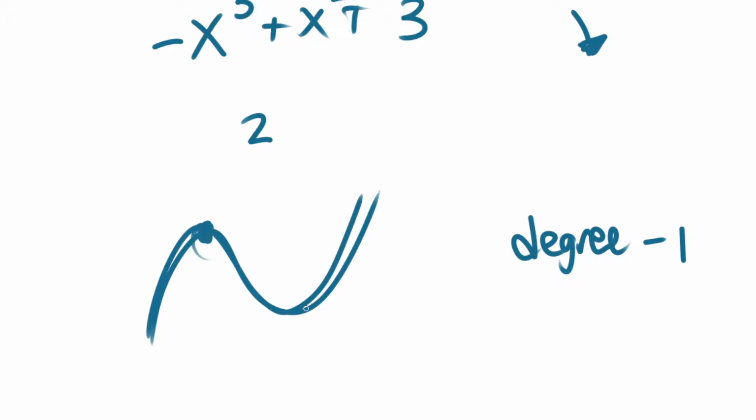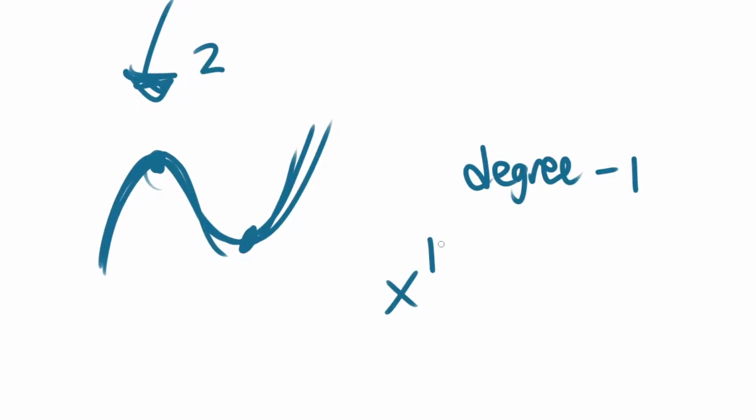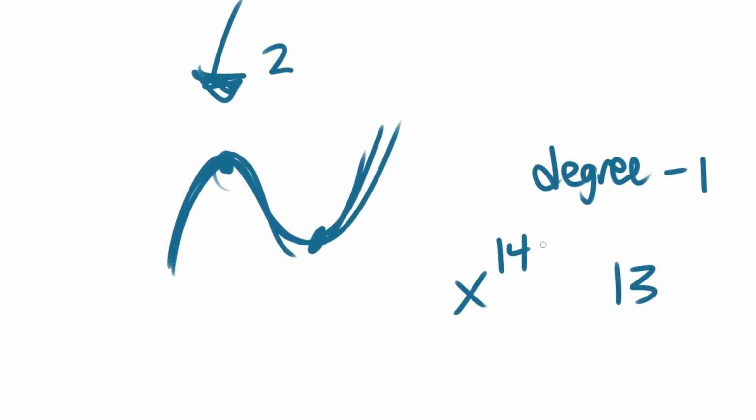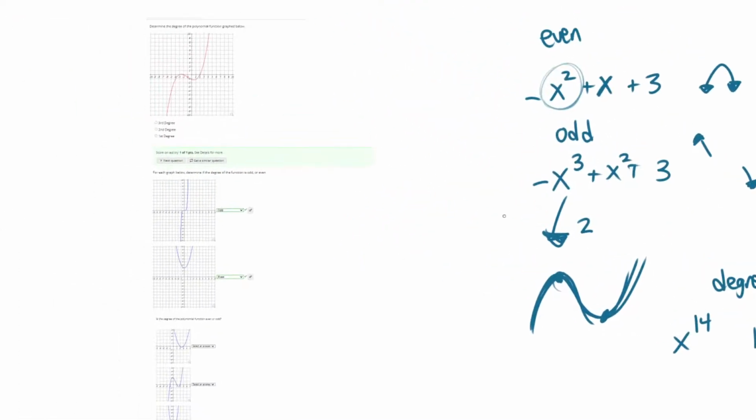A turning point is basically where you have a max and a min, where it turns from going positive to negative or negative to positive. So this can have 2 because its degree is 3. If it was x to the 14th, it could have 13 turning points. And with that knowledge, you can determine what degree your function is due to how many turns you'll have.